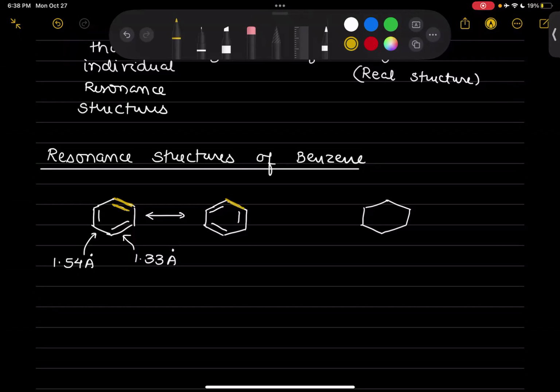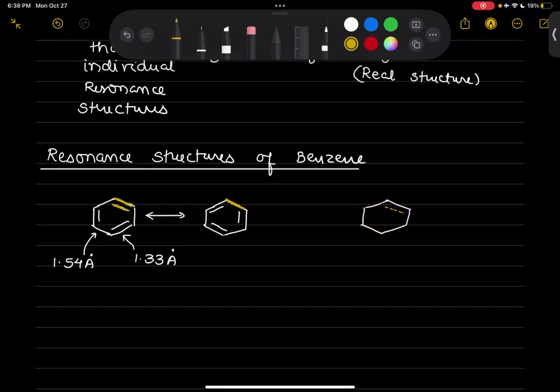In one case it is completely double, in the other completely single. But what will the molecule choose? The molecule will choose to follow the middle path by doing some overlapping, and in the actual molecule it will be the average between double and single. Got it?